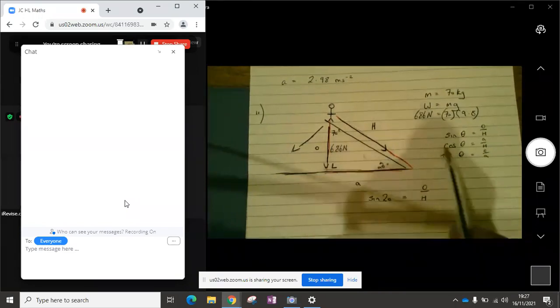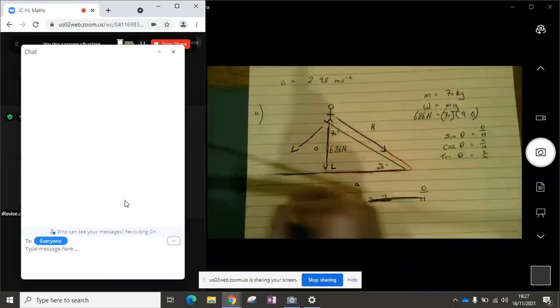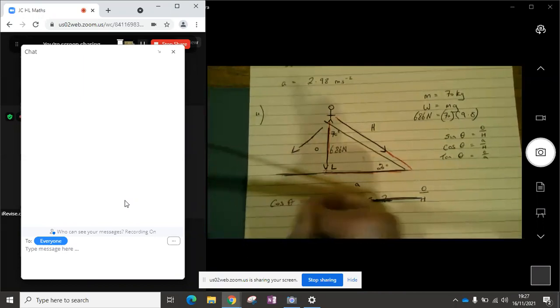Oh, sorry, it's going to be cos, because of the opposite, okay? Sorry, that's the mistake. Cos theta is equal to A over H.